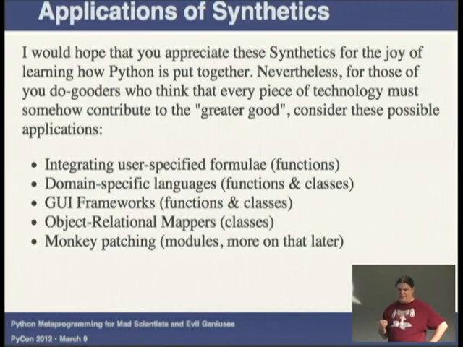Both for functions and classes, if you were writing some kind of mapper between objects and something else, not necessarily an object relational mapper, but it could be some crazy object mapper to something else, but you need to construct objects by inspecting something else that's outside of your program, then you'd want to be synthesizing certainly classes and probably functions too. GUI frameworks, that could work out nice. It depends on just how you're going, but nowadays I'm not sure it'd be so useful.